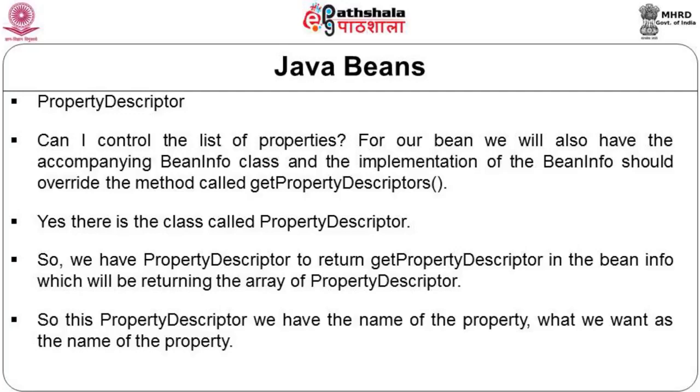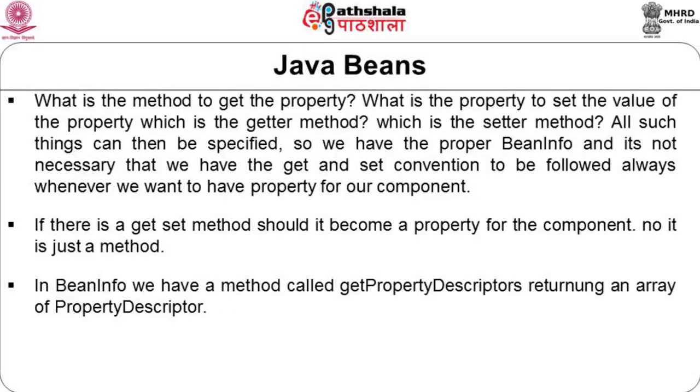There is a class called PropertyDescriptor. In the property descriptor we have the name of the property, the method to get the property, and the method to set the value of the property, the getter method and the setter method. All such things can then be specified.